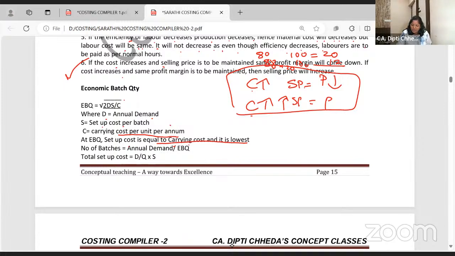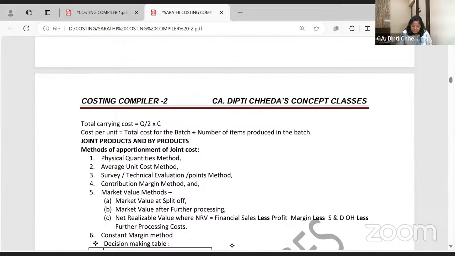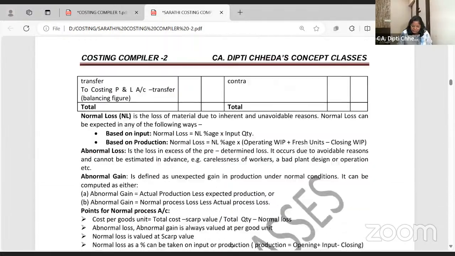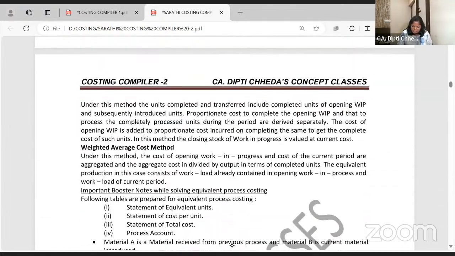Your D, number of annual demand, divided by EBQ, this will give you number of batches, जैसे वहाँ number of orders था, multiplied by S, setup cost. And what is carrying cost? EBQ, you're always manufacturing these many units, divide by 2, average, into C. Okay? See, this is a beautiful way of writing all the booster notes together.